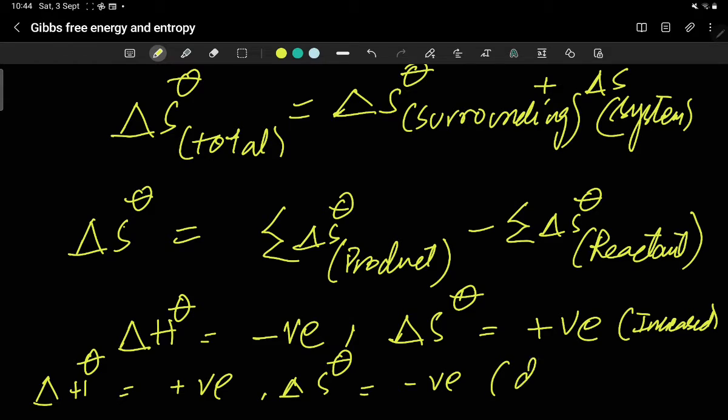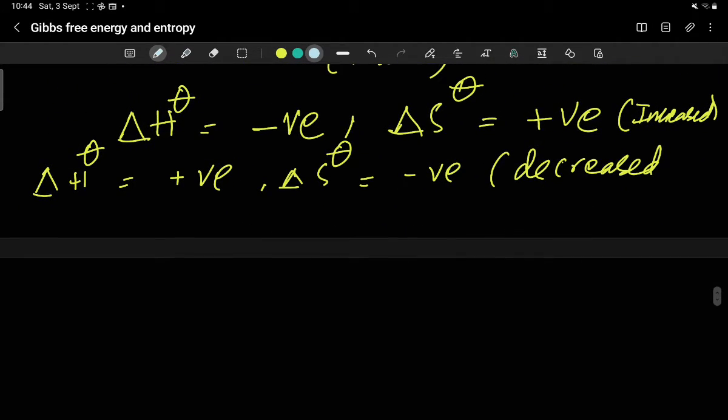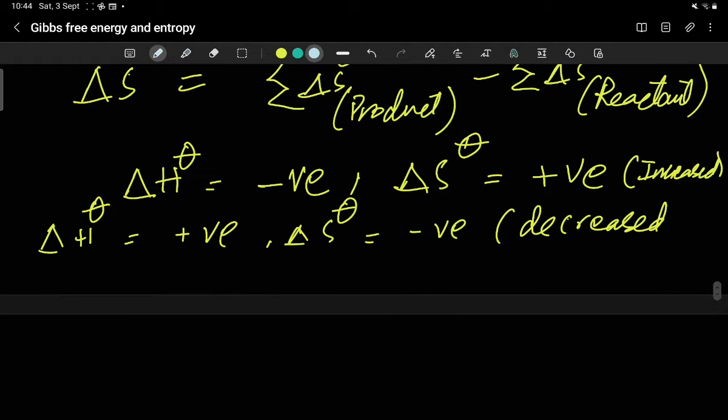It means it is decreased. Entropy of the system is decreased. In other words, if the reaction is exothermic, entropy of the system is increased or positive. If the reaction is endothermic, entropy of the system is decreased and it is negative.